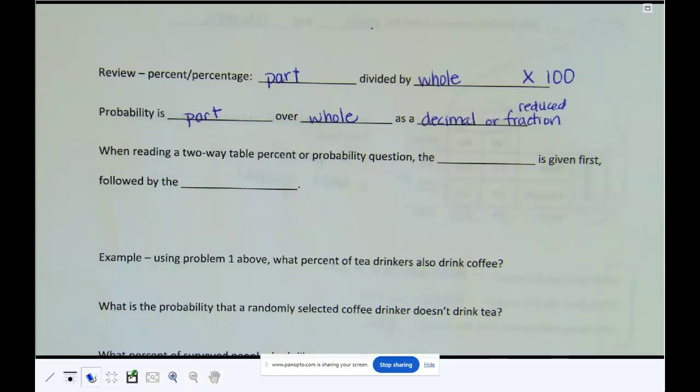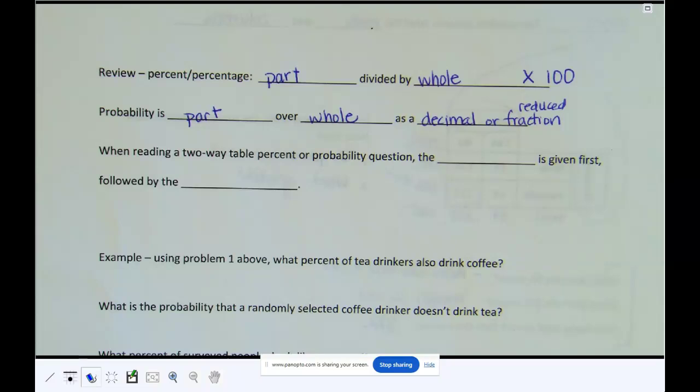Okay, let's try another one of those. Not the percent, but what's the probability that I get a red jelly bean? Okay, you cannot tell me 30%, because I asked you for a probability.